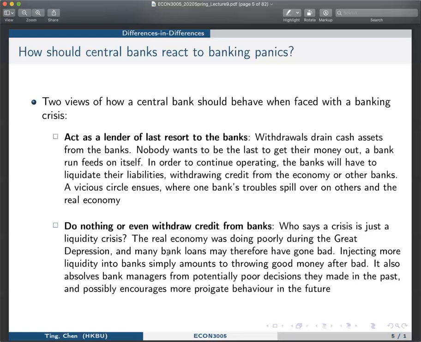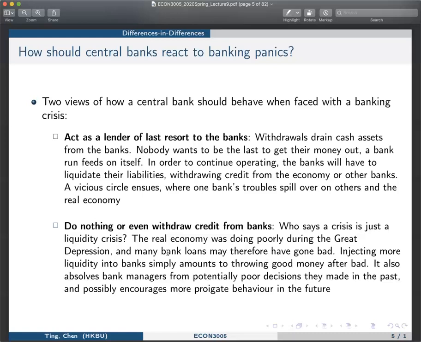Because if they made a wrong decision in the past and invested in a bad firm, and then the firm had some financial crisis, and then the bank lacked money. And if you lend the banks money, then we have this so-called moral hazard issue. The bank no longer has to pay for its bad decisions.